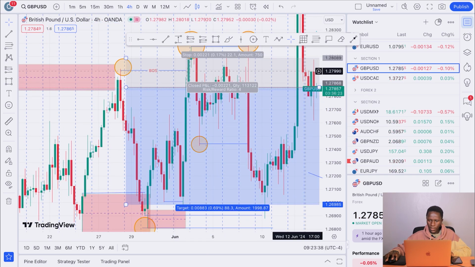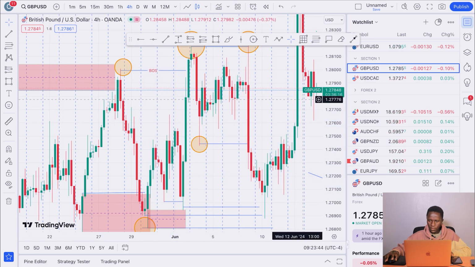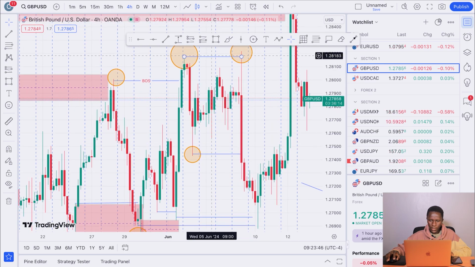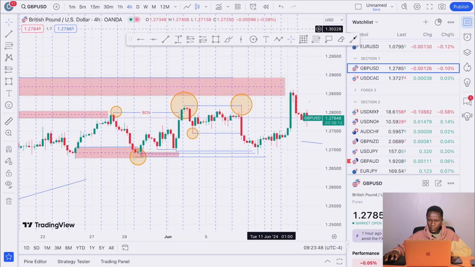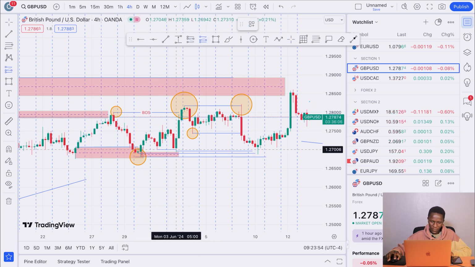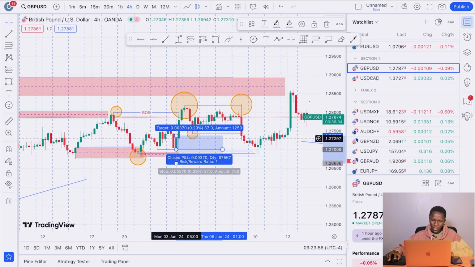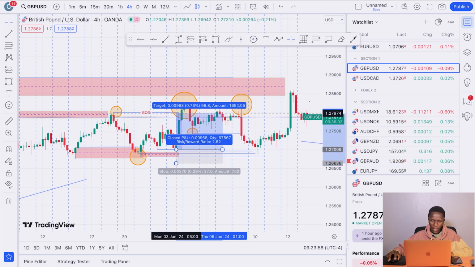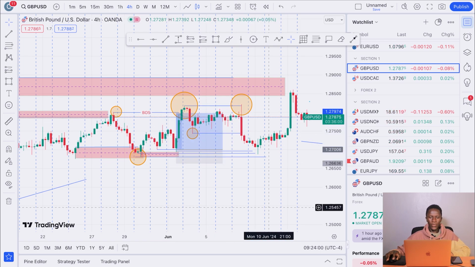Let me first clear this so that we can see what I'm talking about clearly. When you're taking your buy trade, you can always take it to the previous high.